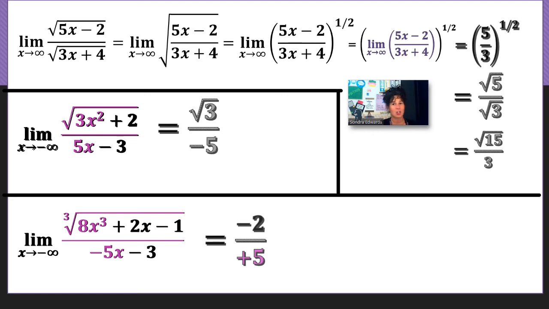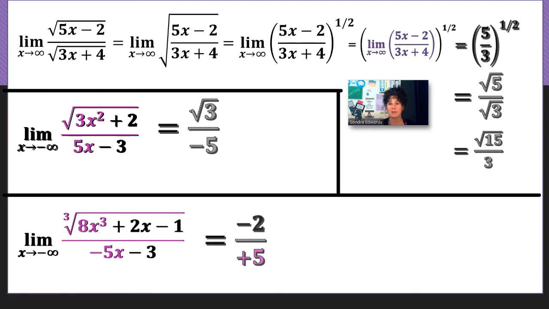Now, let's just double check on the signs one more time. Because anytime we're heading to negative infinity, we want to especially be careful of the sign. So let's just substitute any number that is heading towards negative infinity to check on the sign. Let's pick negative 10. If I substituted in negative 10, 8 times negative 10 times negative 10 times negative 10 is a negative number.